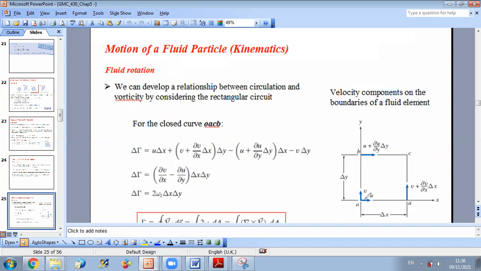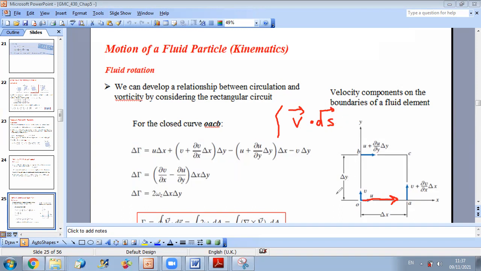Along the side OA you have the u component of velocity. At the end you are doing the integral of v dot ds. So even if you are not considering a certain streamline, when you do v dot ds, you just take the component of velocity along this line.